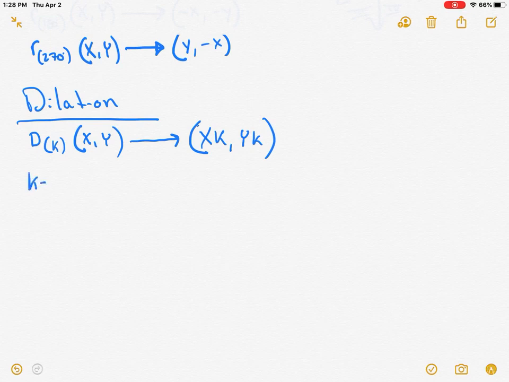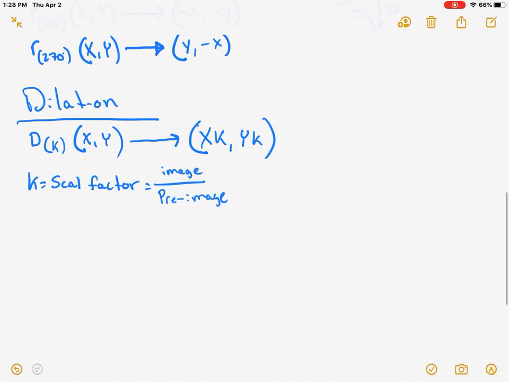So k represents our scale factor, right? And scale factor is represented by image over pre-image. It's a ratio. Okay? If k is greater than 1, it's going to be an enlargement.